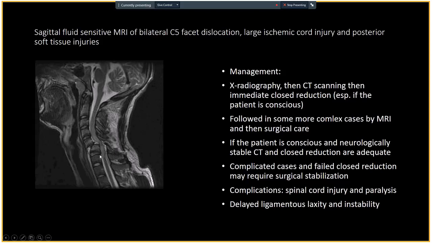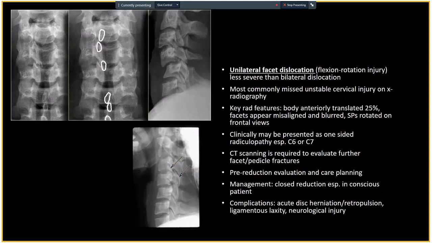So again, requiring neurosurgical evaluation. And indeed, because of the significant injury, these people will be predisposed. There's laxity of ligaments, so they may actually undergo some kind of cervical fusion following that.